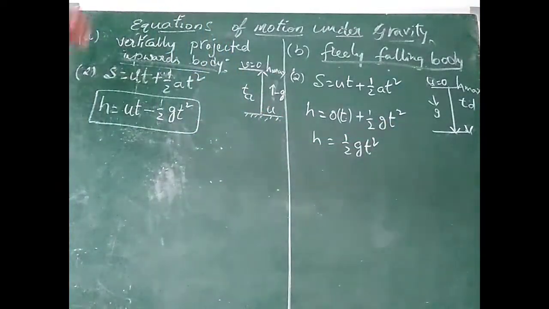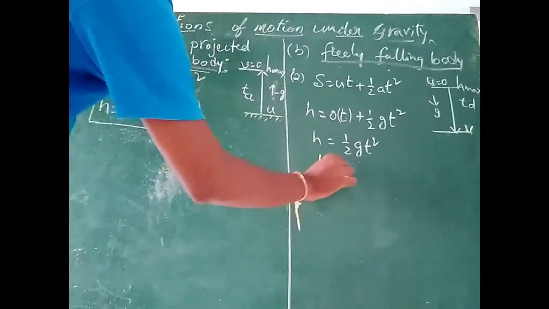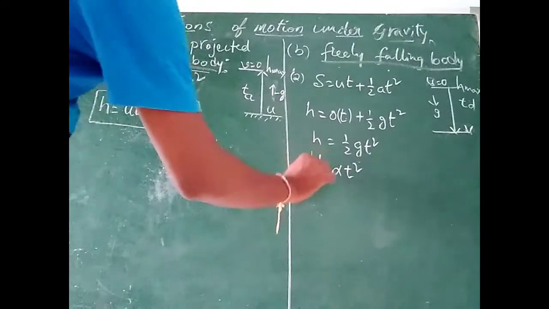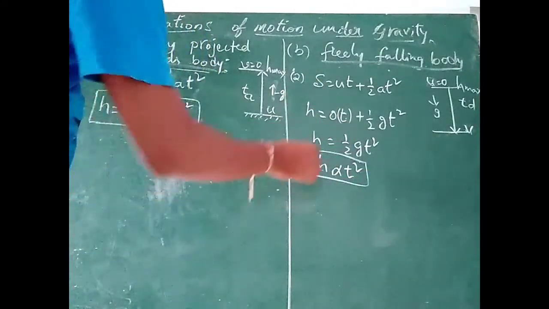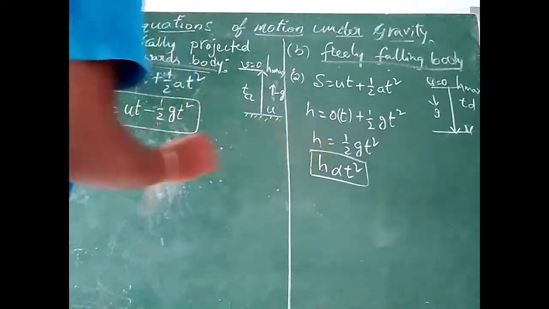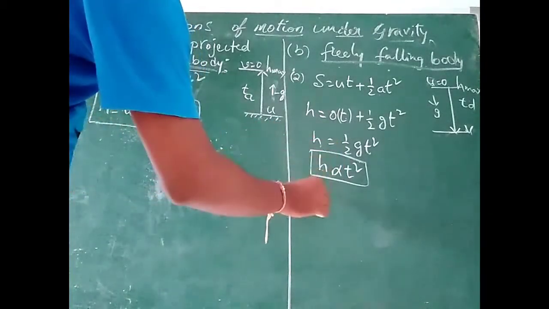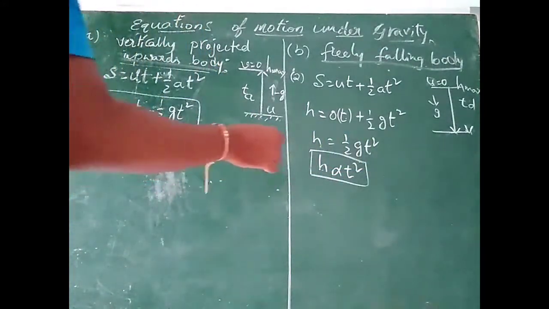Here g is constant, so h is directly proportional to t square. Also h is nothing but maximum height. So h max is equal to half gt square.